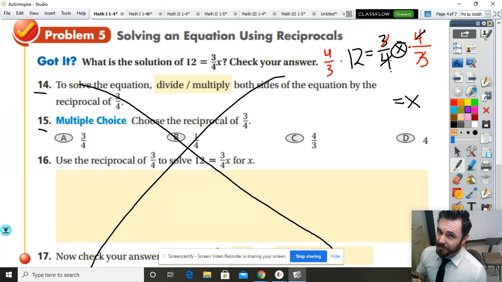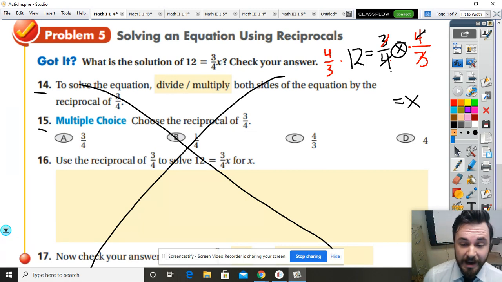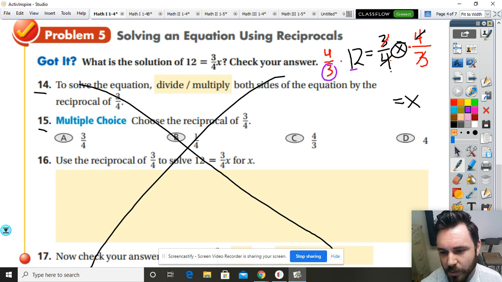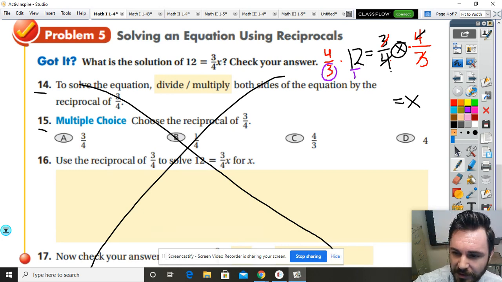What I like to do when it comes to multiplying fractions is I divide first. So notice 3 is on the bottom, so it's division. Can I divide 12 by 3? Technically, this is 12 over 1, right? We don't really write it like that, but that is what is going on. And so if I have a 3 on bottom and a 12 on top, I can divide 12 by 3, giving me 4.